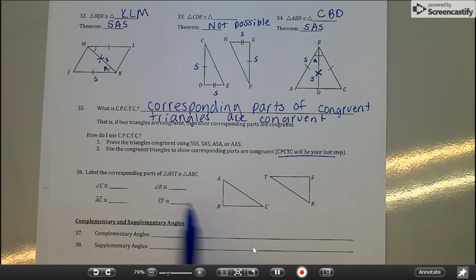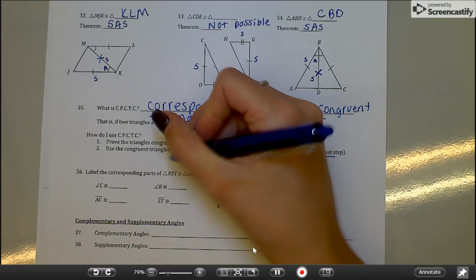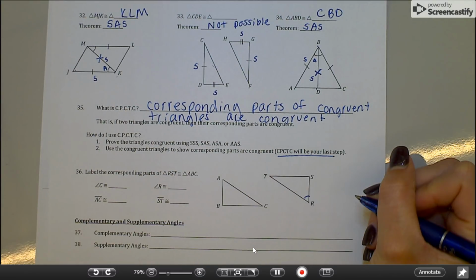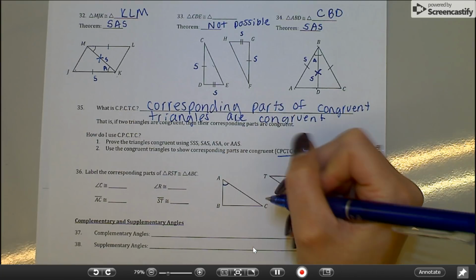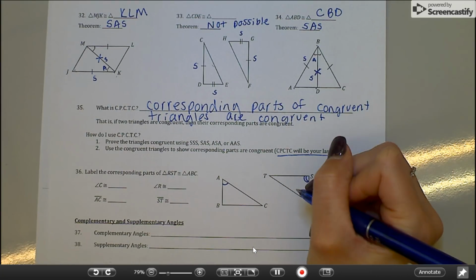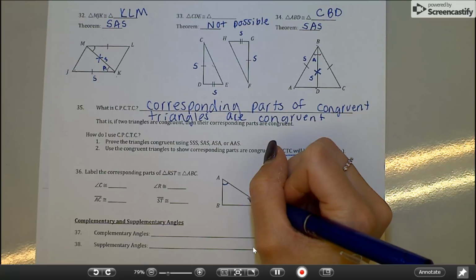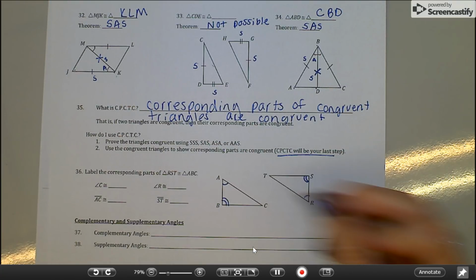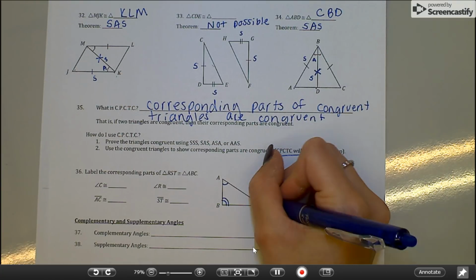They want us to label here and then maybe label on the triangles. So again, angle R goes with angle A. S, I'm going to use 2, goes with angle B. And then angle T, I'll use 3, will go with angle C.